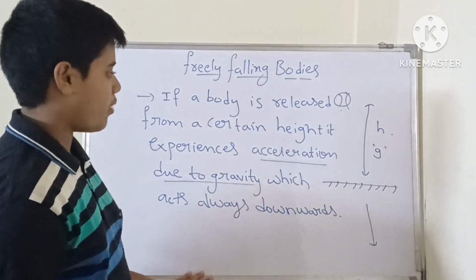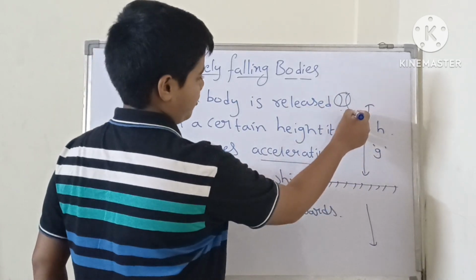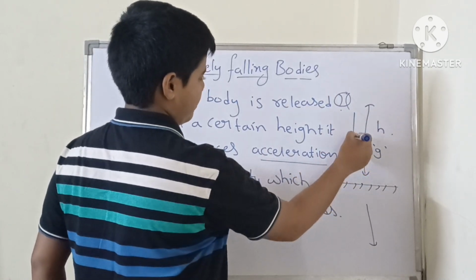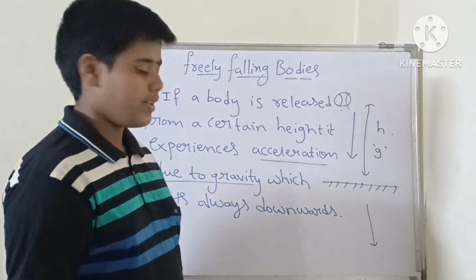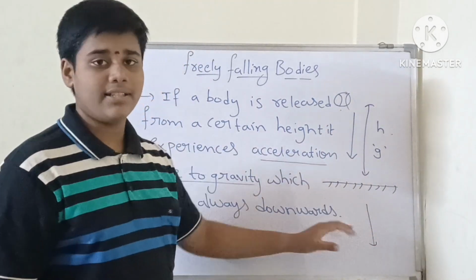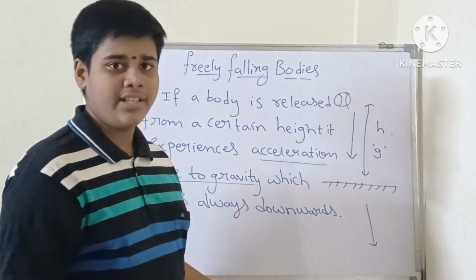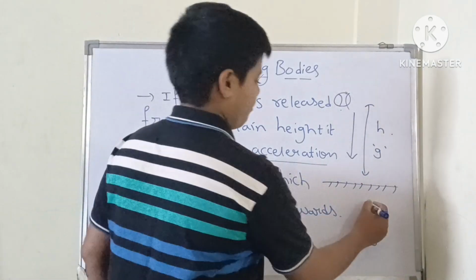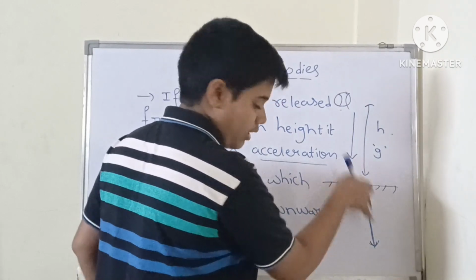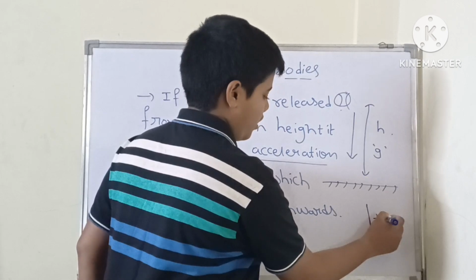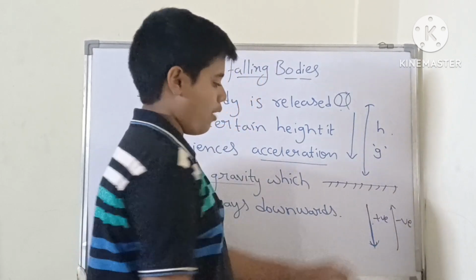Here another important point is, in some questions they will ask, what is the direction of g? Only downwards. And what is the sign convention of gravity? Here we can take any sign which we are comfortable with. I am taking downwards as positive and upwards as negative.